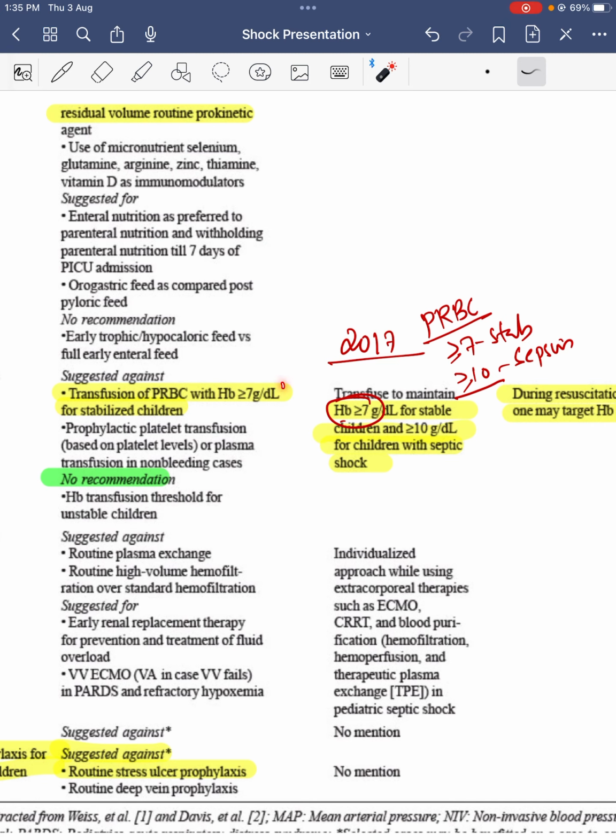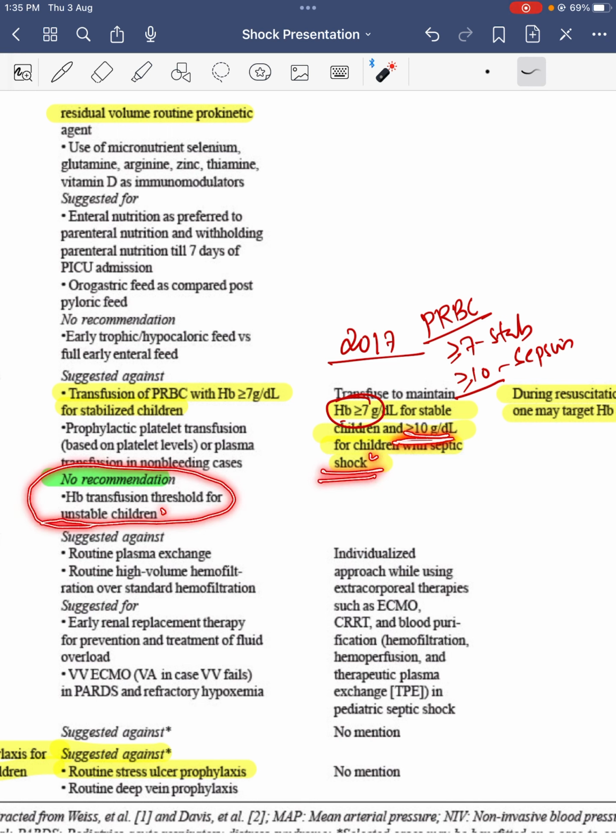The latest guideline tells that in a stable child, hemoglobin level should not be less than 7, which means if you find a hemoglobin report less than 7, you should be transfusing PRBC urgently to make it 7. But for a sick, unstable child, they have not given any particular threshold like the older recommendation, in which they had particularly given 10.